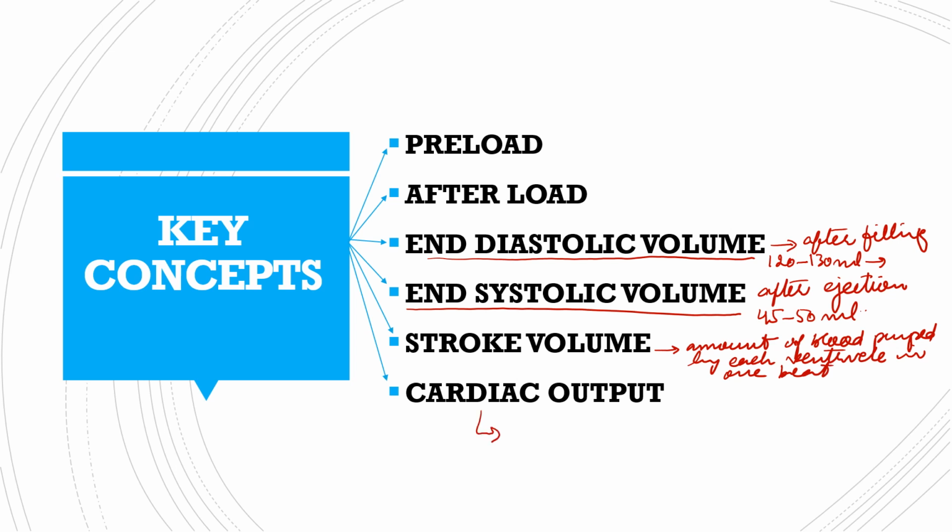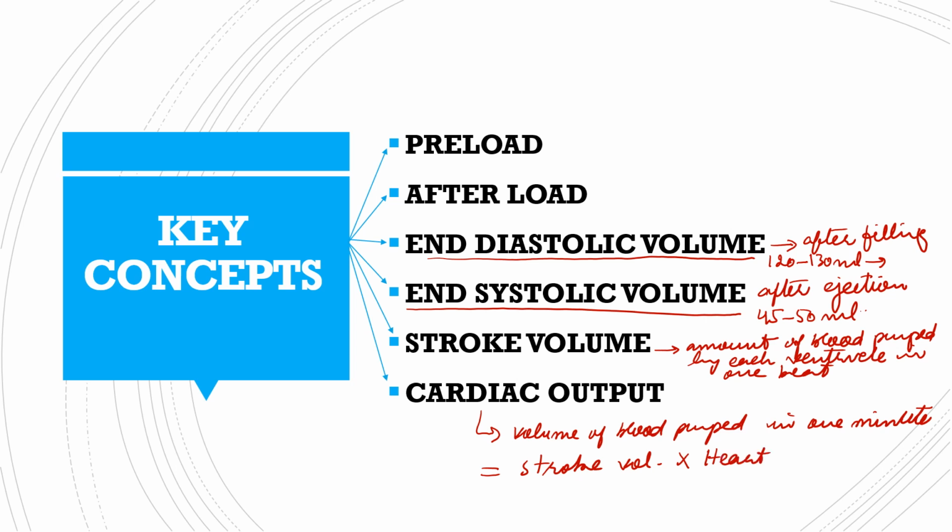And cardiac output is the volume of blood pumped by ventricles in 1 minute, and it is determined by multiplying stroke volume with heart rate. The value of stroke volume is about 70 to 90 milliliters.